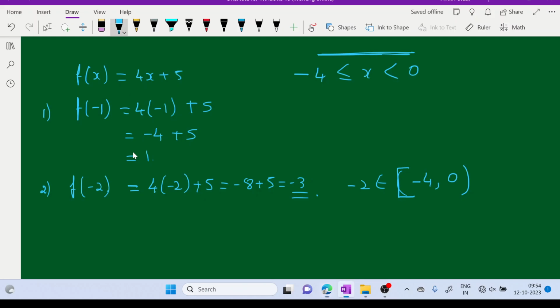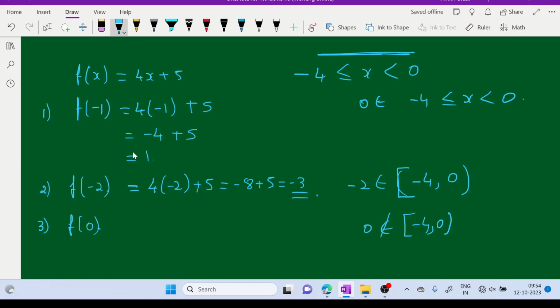Okay. Third is f of 0. 0 does not belong to the interval minus 4 to 0. Or you can say 0 does not belong to minus 4 is less than or equal to x is less than 0.